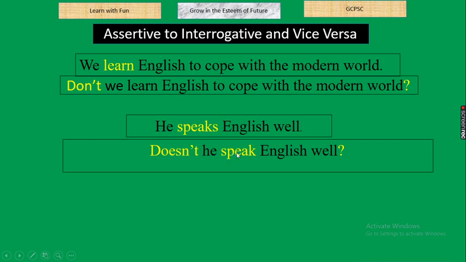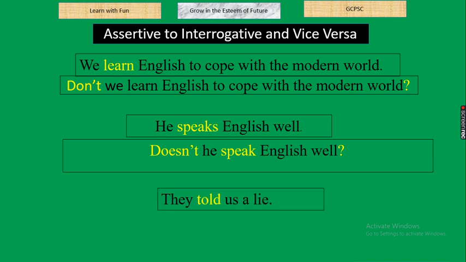That's why: doesn't he speak English well? In the case of verb 1 with s or es, we take doesn't at the beginning of the sentence and the base form of the verb. At the end, there will be a question mark. I think you got it.